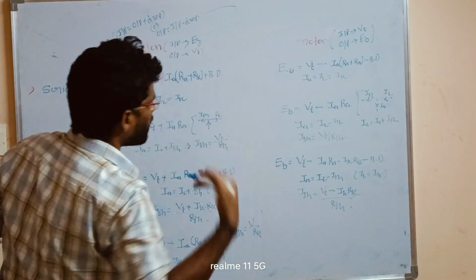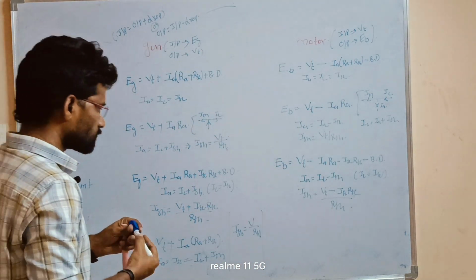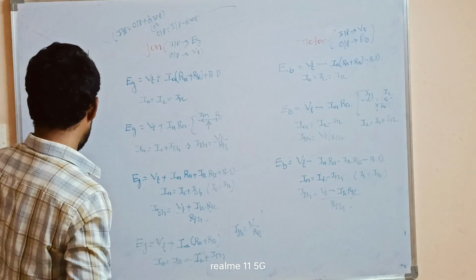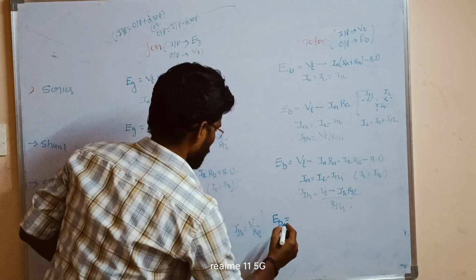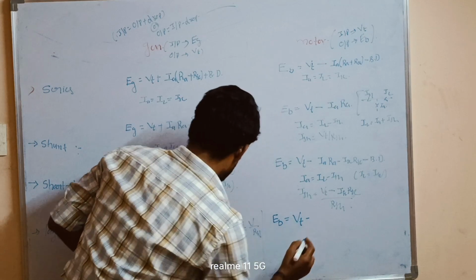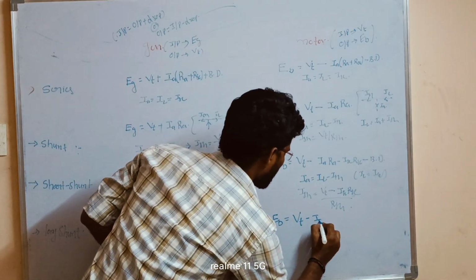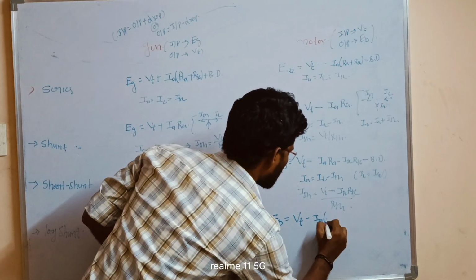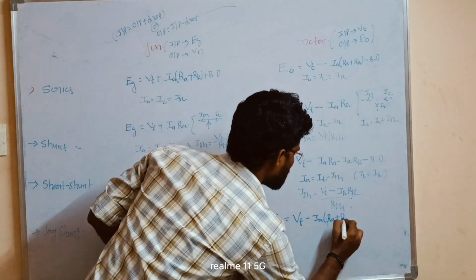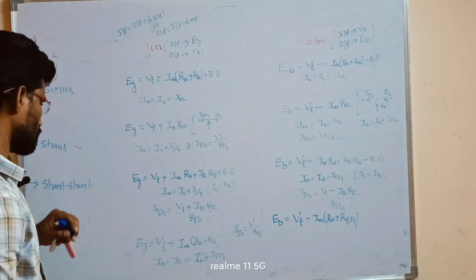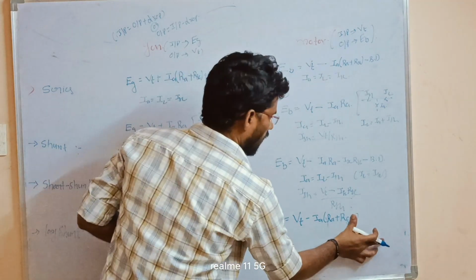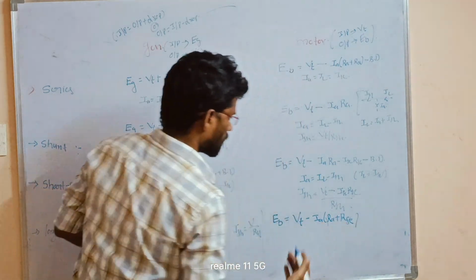Now we can find the final equation. For the long shunt motor, EB is equal to VT minus IA into RA plus RSC.